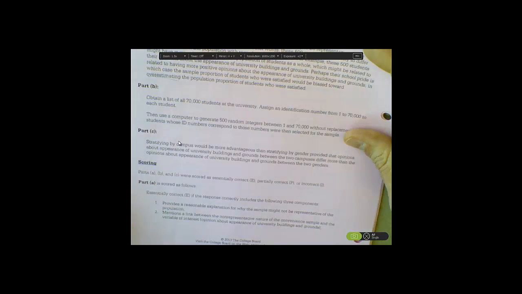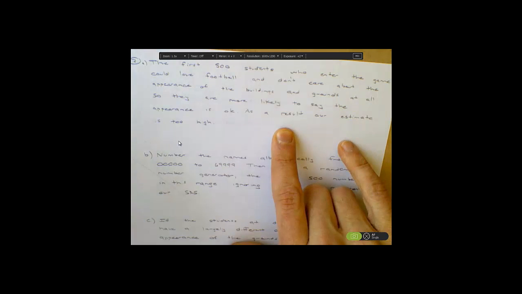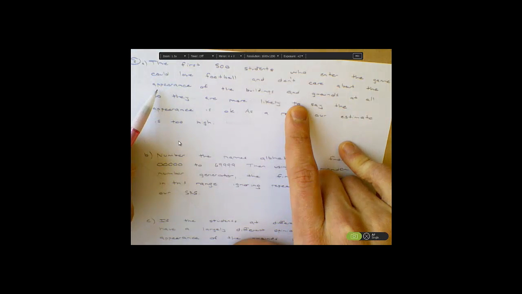So kind of as I'm grading this and looking at my own, a reasonable explanation of why the sample may not be representative. I think I talk about that here when I'm mentioning that they may not even care about the buildings and grounds because they are so interested in the football game. For part two, I need a link as to something with the buildings and grounds, so I'm talking about it right here.